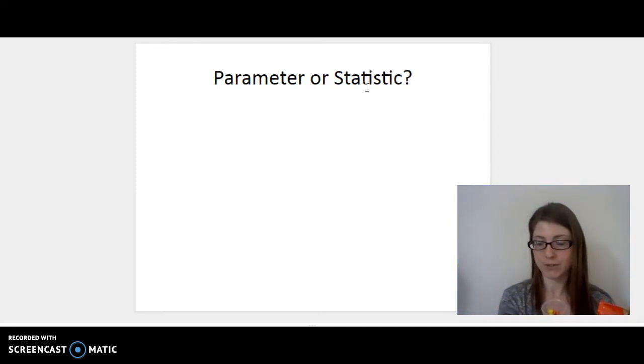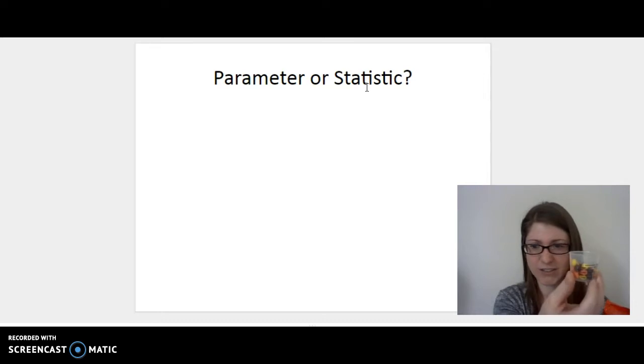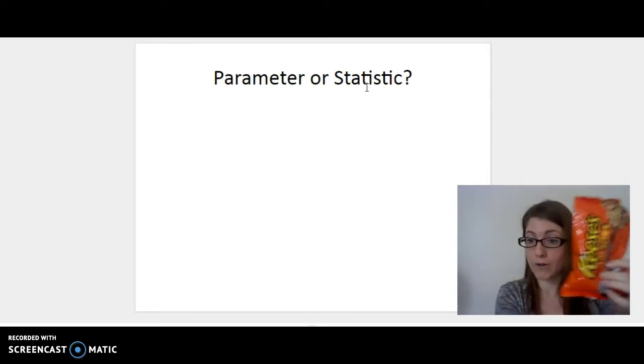You might want to know, well, how many are in each scoop? Are all the scoops equal? You might also ask some questions like, hey, it looks like maybe there's fewer brown than any other color. Is that because my sample only had a few brown, or is that because there's fewer brown overall in the bag?